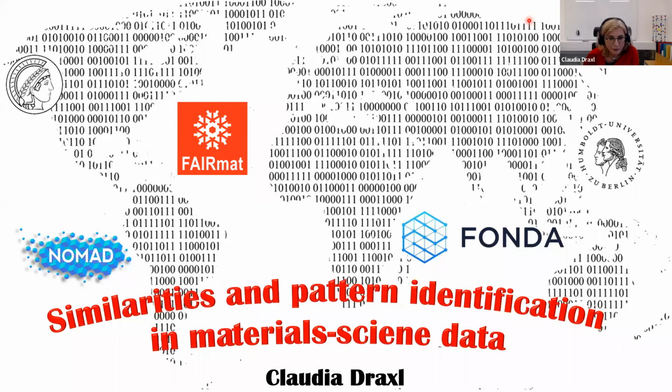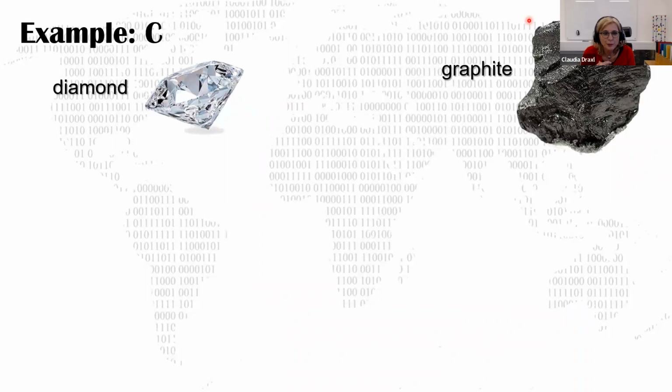So starting with materials and talking about similarities, I start with something very, very simple that you all know. These are two materials, diamond and graphite. They are very similar in one sense, that they're all based on carbon atoms, but they're also very different in nature, because as you see from the transparent nature of diamond, it is a very wide-band semiconductor, whereas graphite is metallic.